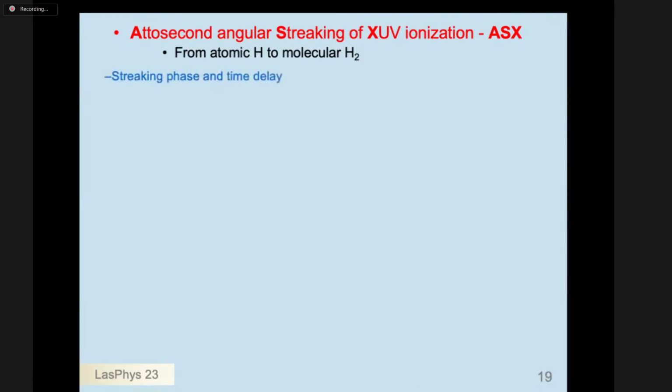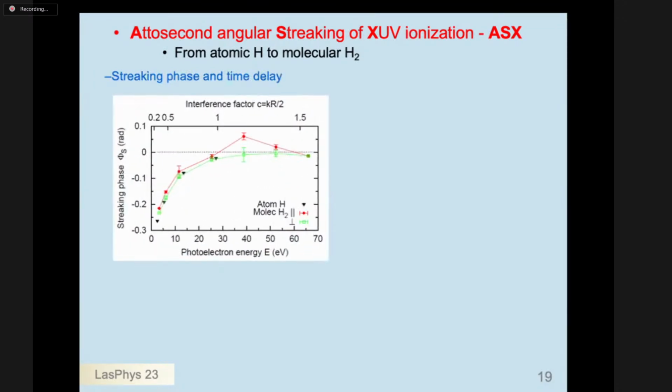Now, if we compare the streaking phase and time delay between the hydrogen atom and hydrogen molecule, we will see that for low photoelectron energies, they are essentially the same. But for the interference factor approaching unity, we get a very significant deviation between parallel and perpendicular orientations.